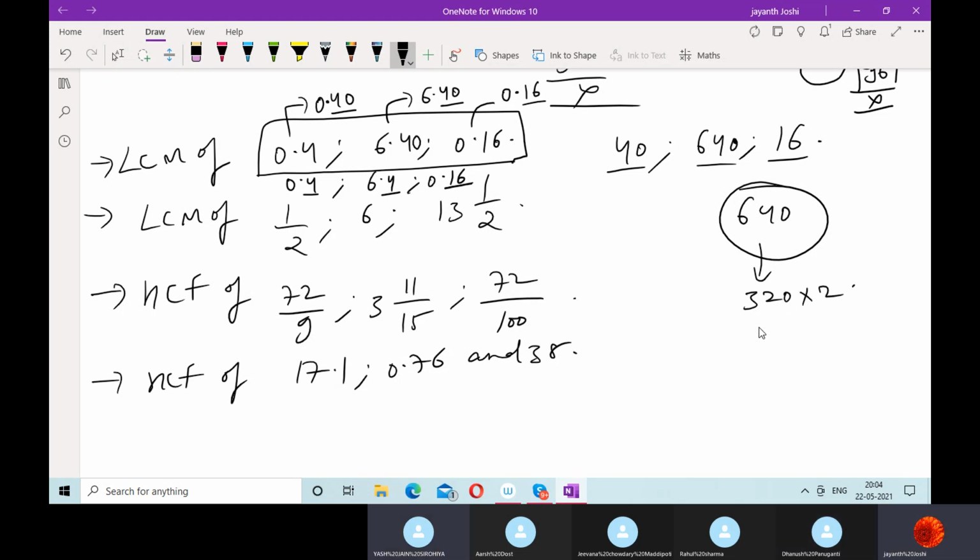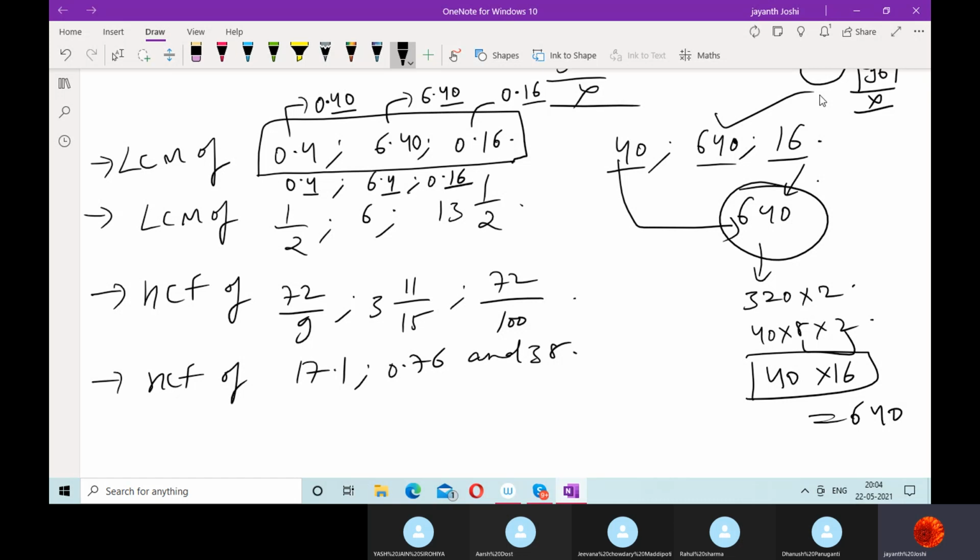And can I write 320 as 40 into 8 into 2? Yes, sir. So 40 is there in 640, and 8 2s are 16, so 16 is there in 640. 40 into 16 is what?